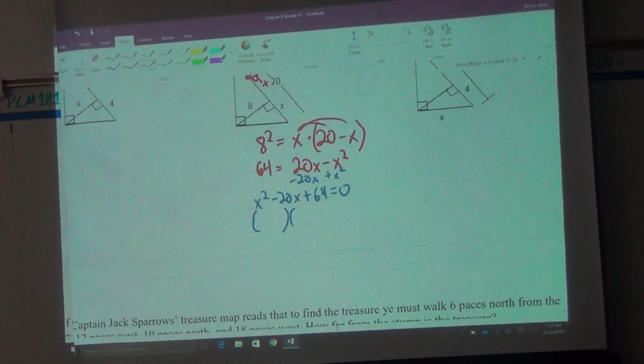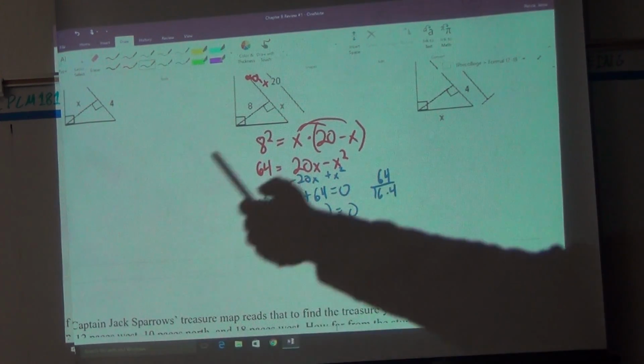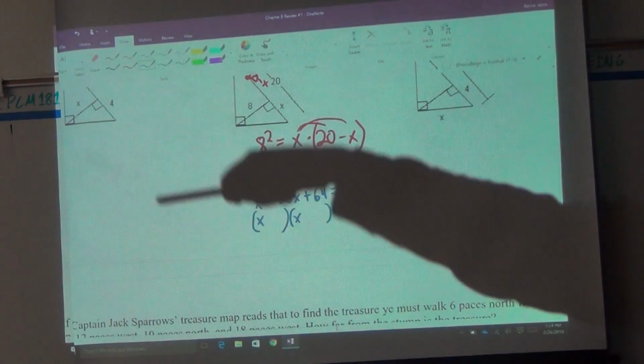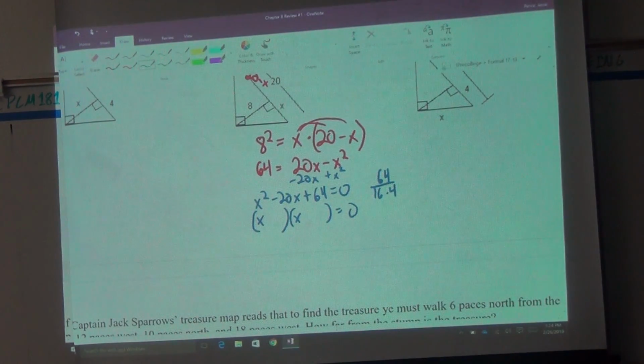All right, Matt, would you like to tag in, or Steve, are you going to keep going? Oh, I can go. Okay. You go 16. Yeah, you're right, 16 and? 16 and 4. 16 and 4 is your combination of things that multiply to 64 that add to 20. Remember, we want to use this sign to tell us that we're looking to add 16 and 4.